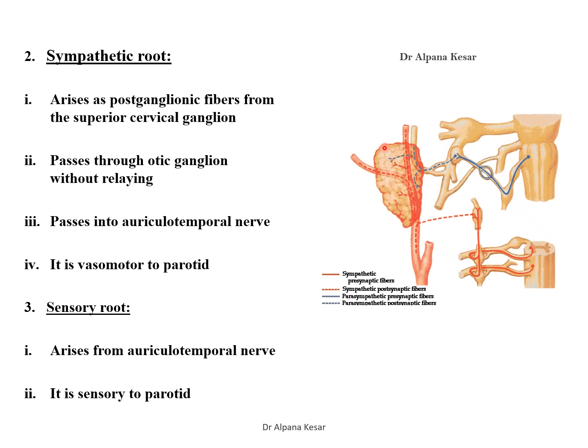In the parotid gland, these fibers are vasomotor. They control the blood flow to the parotid gland. The sympathetic fibers only pass through the otic ganglion and do not relay into it. The sensory root arises from the auriculotemporal nerve and is sensory to the parotid gland.